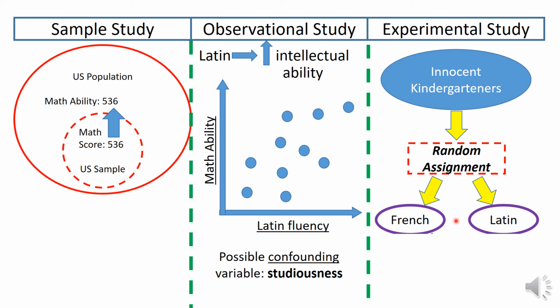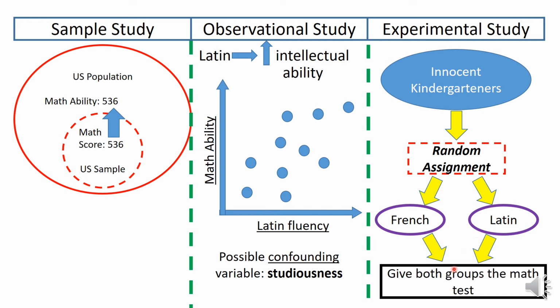We're going to give both our French students and our Latin students that math test at the end of these 8 years. And if the Latin students do better on that math test, then it will seem that Latin actually had something to do with it. If they don't do any better, then we'll know that the hypothesis was incorrect.